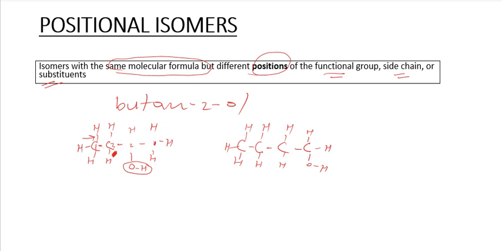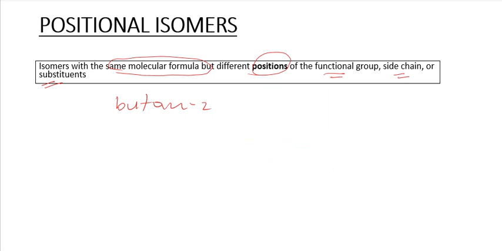Then sometimes they will give you a molecular formula even in this one, and then write down the positional isomers. You are given the molecular formula. Maybe let's say we have C6H13F. So we can get the positional isomers there. For the first one we'll have 1, 2, 3, 4, 5, 6, and we put F in position number 1.